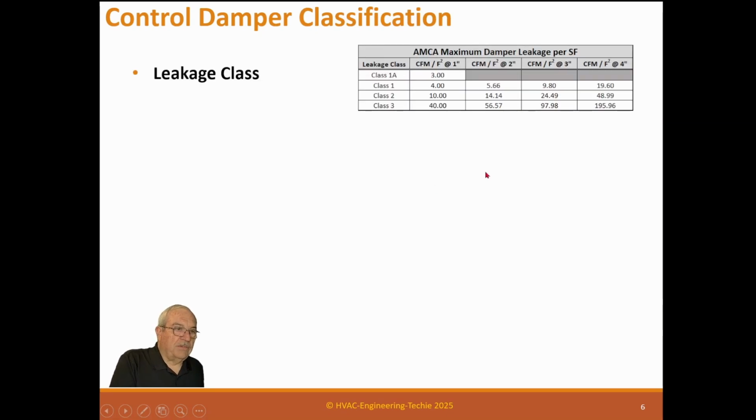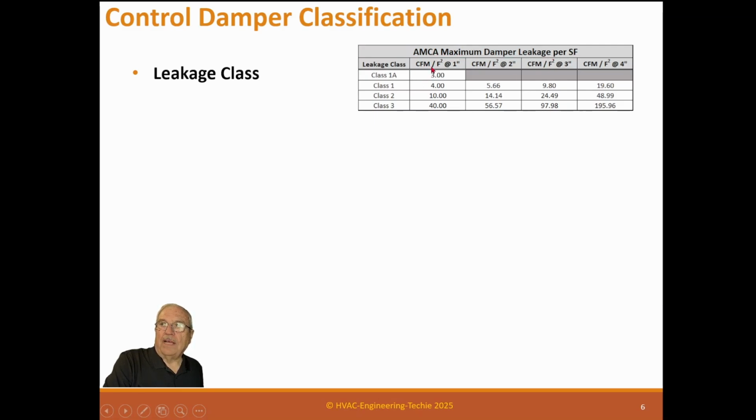Now, dampers have leakage class, and this is a little bit different than other control devices. So these are some rules of thumb, and these are taken from some manufacturer's data. These are not exact, but close. They use Class 1A as a maximum, okay, this is an AMCA maximum damper leakage per square foot.